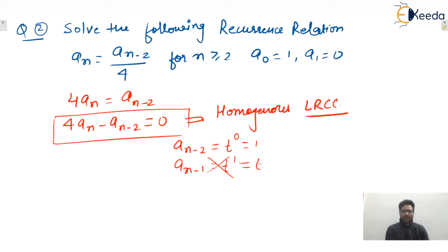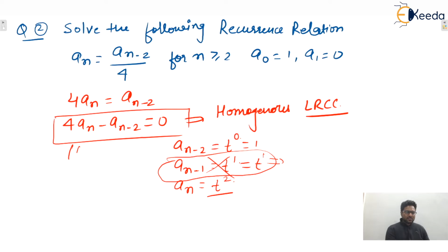Otherwise, a_{n-1} would be replaced by t to the power 1, and the next one by t squared.